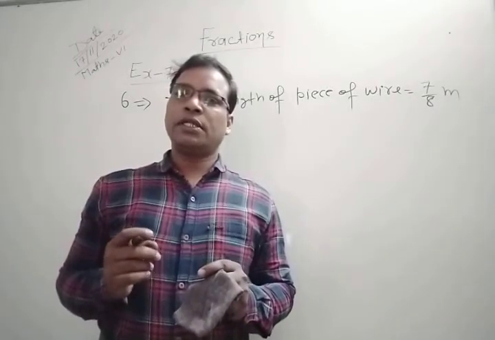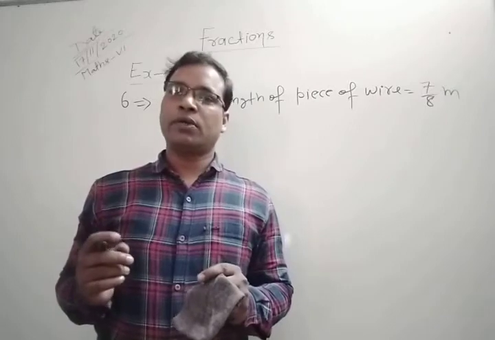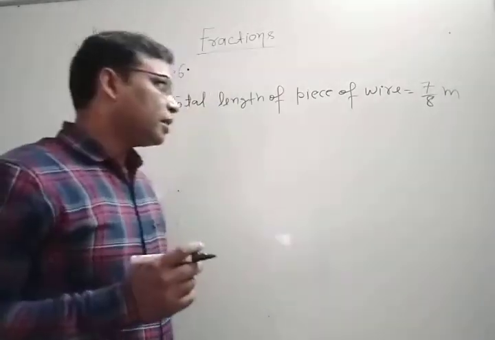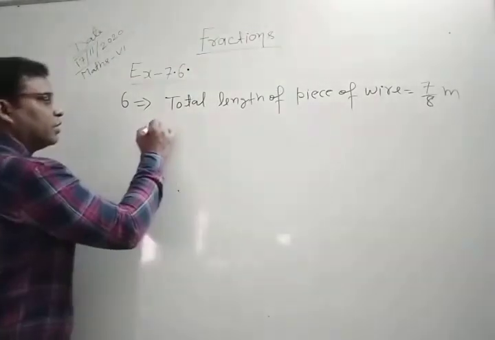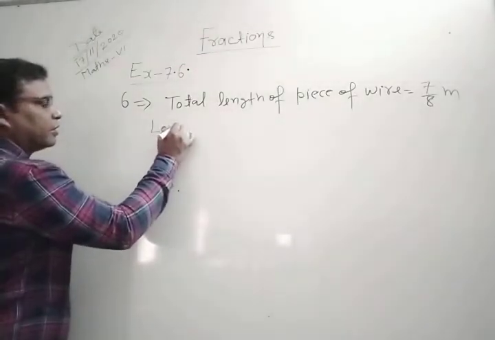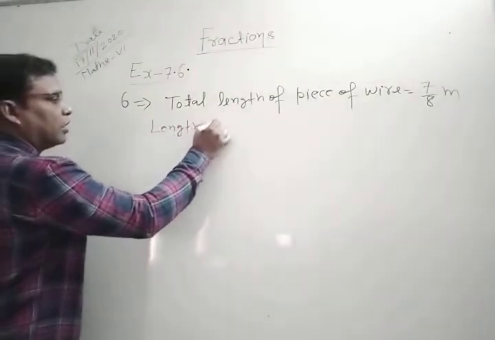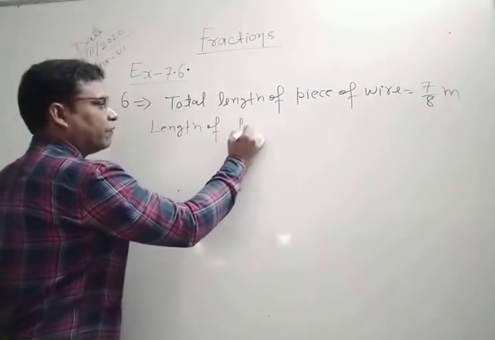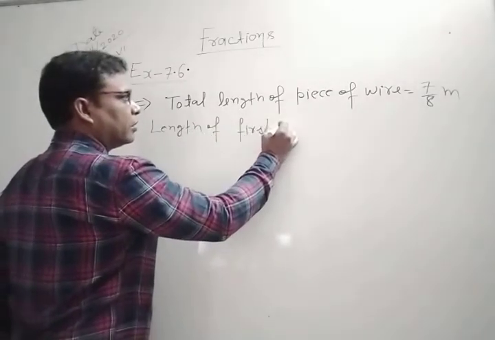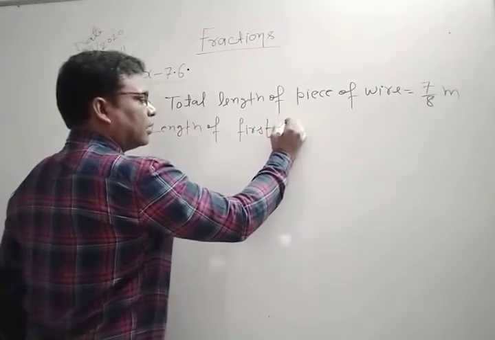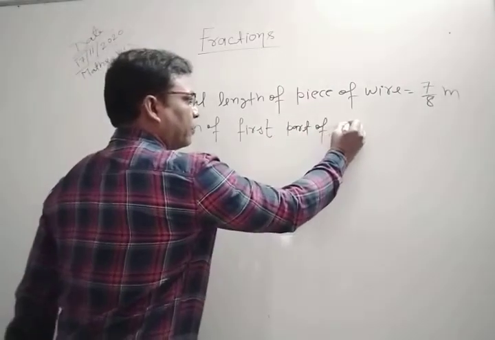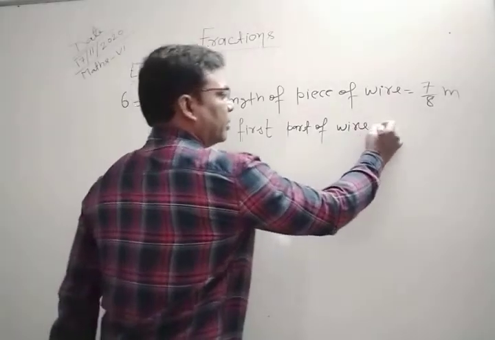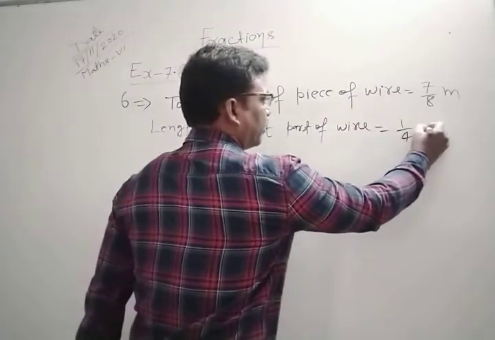The length of the first part of wire is equal to 1/4 meter.